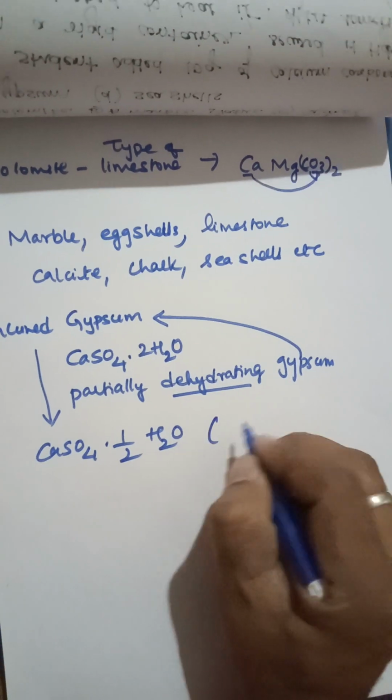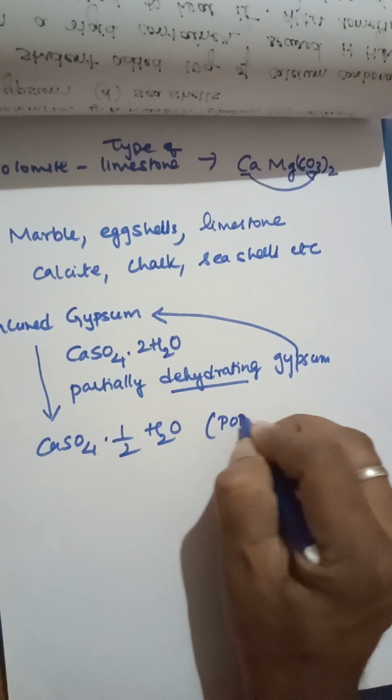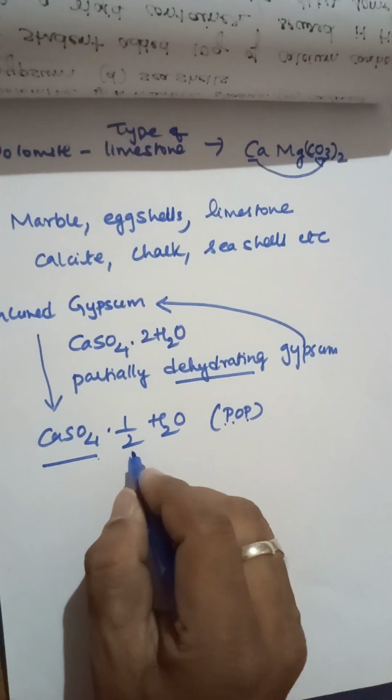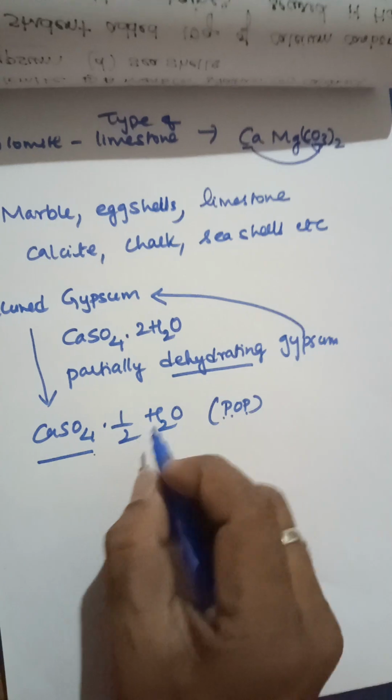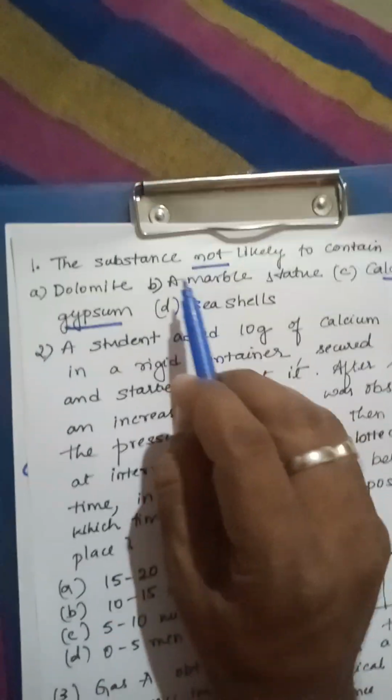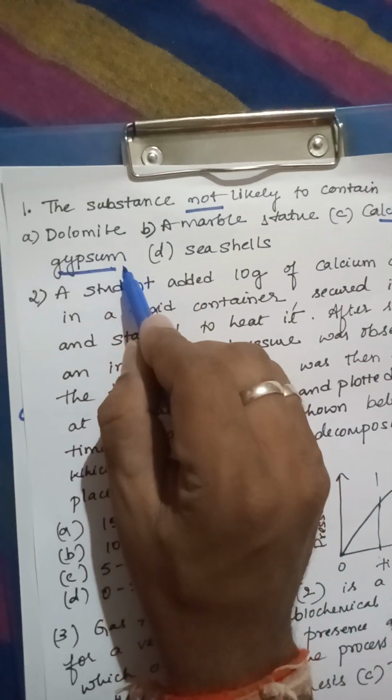It is more popularly known as plaster of Paris. If you know the formula of calcined gypsum or even gypsum, you can see that it does not contain calcium carbonate, and therefore the correct option for the first question is calcined gypsum.